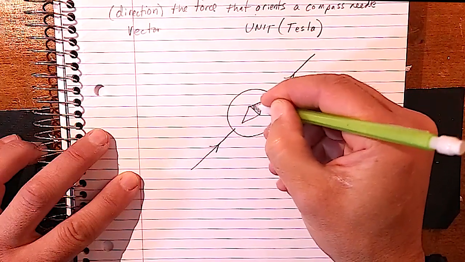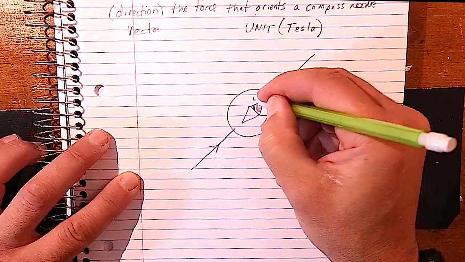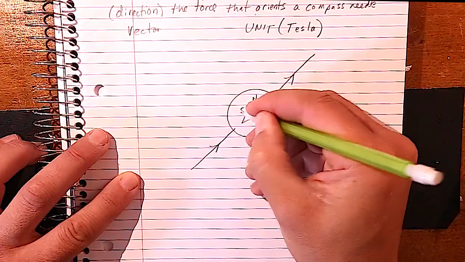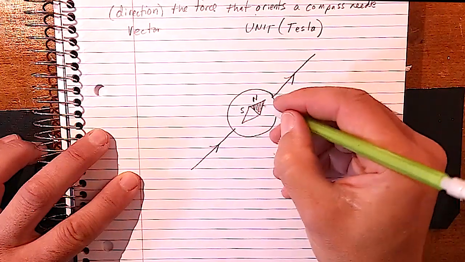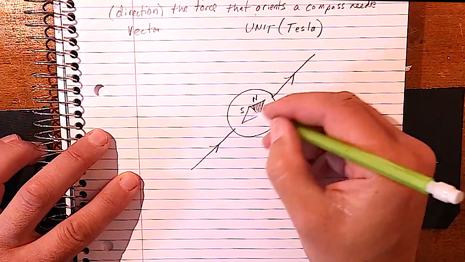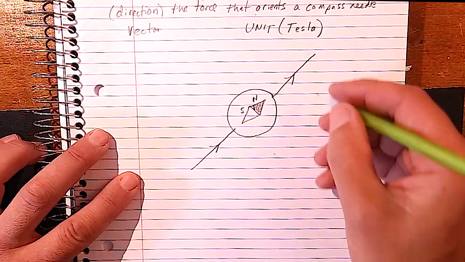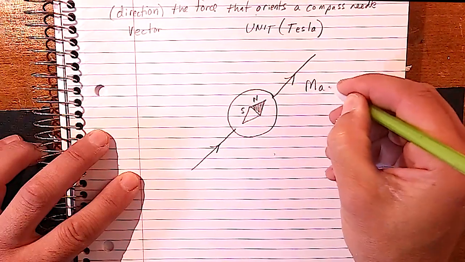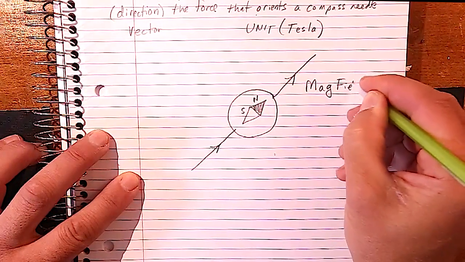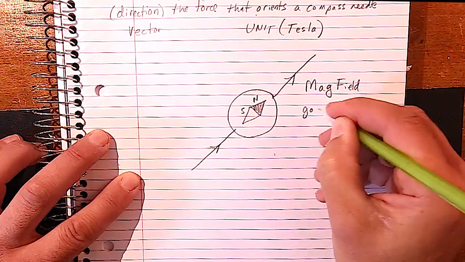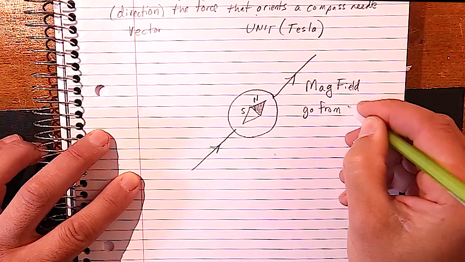I'm going to color this in and always use the dark side to be the north and the light side to be the south. So the compass needle points in that direction. That's the direction of the magnetic field. So what can we say? We can say that magnetic fields go from north to south.